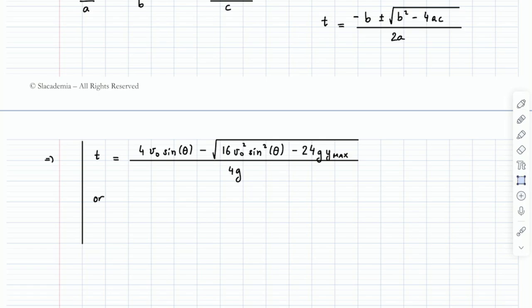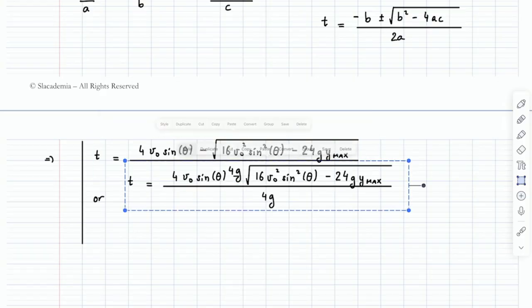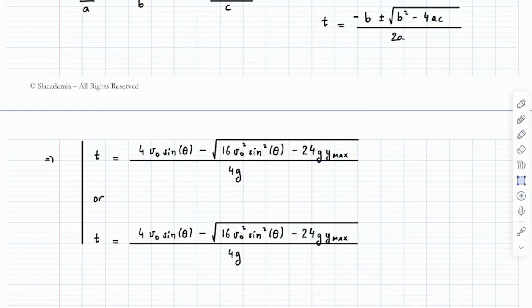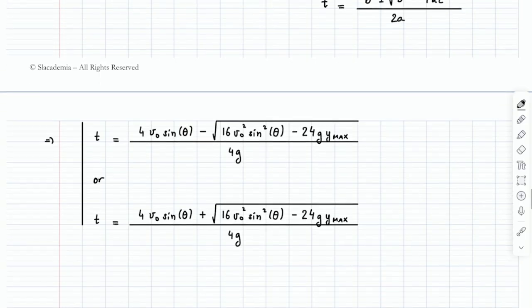Or the exact same thing with a plus instead of a minus in front of the square root.